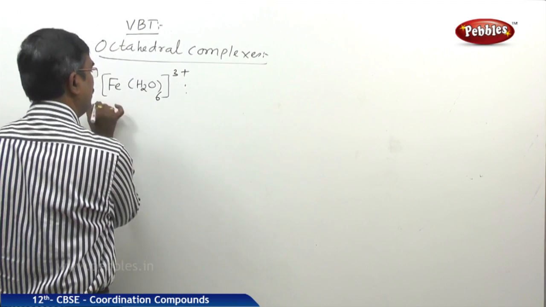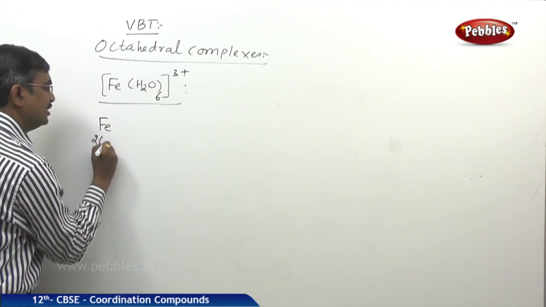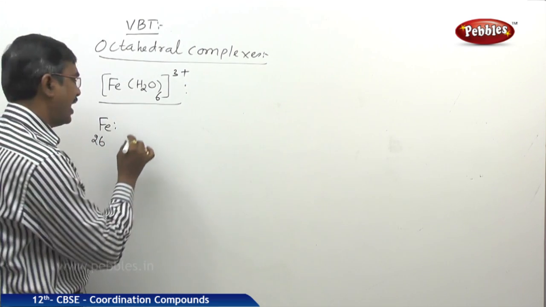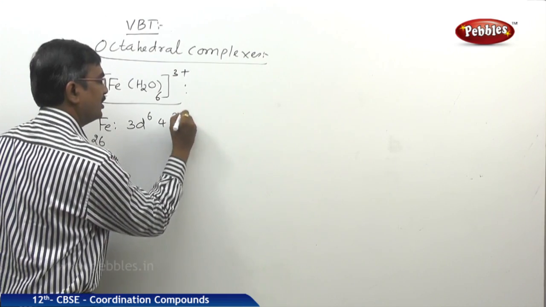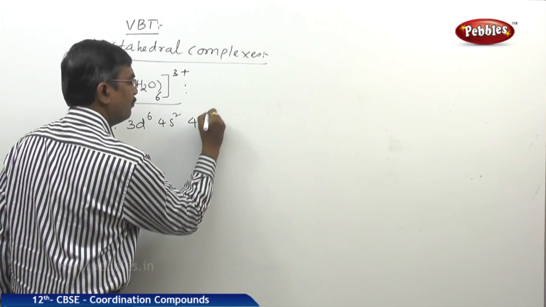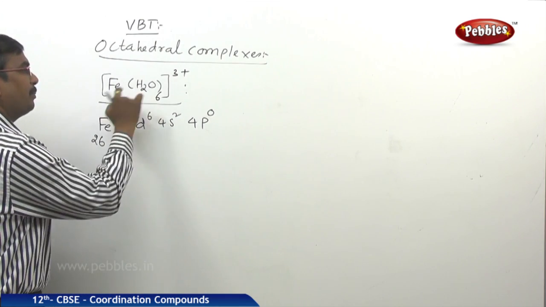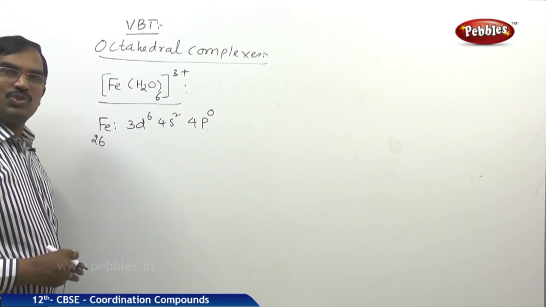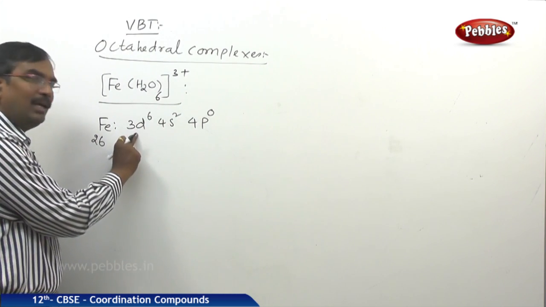So we can see this here. Iron is 26 in atomic state. It again has 3d6, 4s2 and 4p0. And it is in plus 3 state, no? So definitely it has to lose 3 electrons, 2 from the s orbital and 1 from the d orbital.